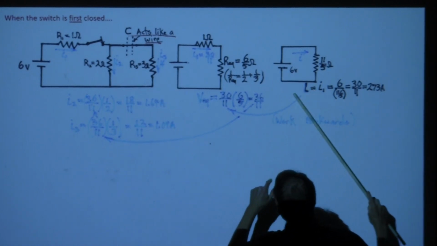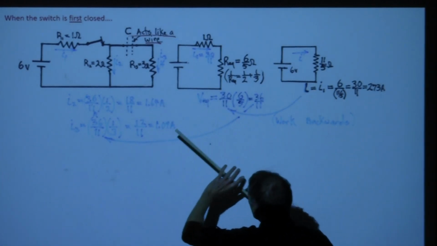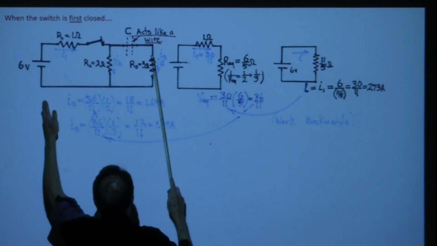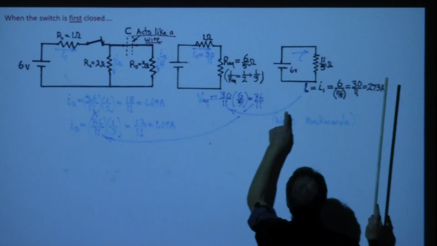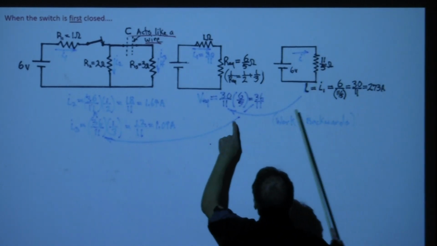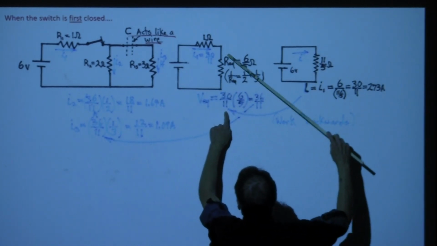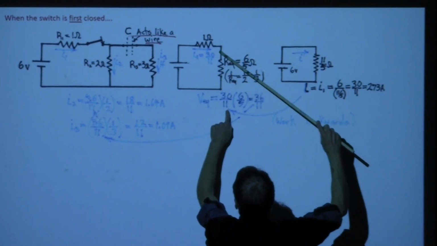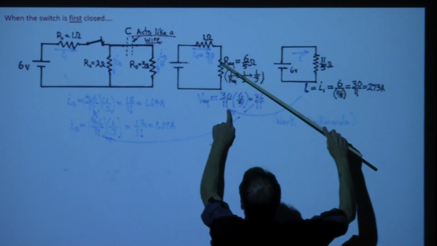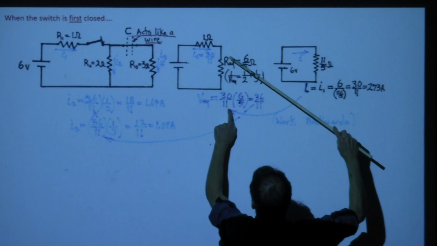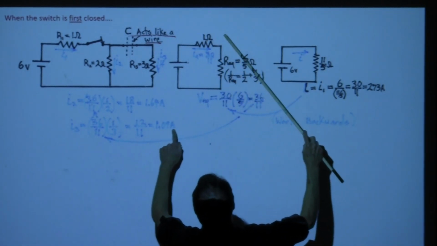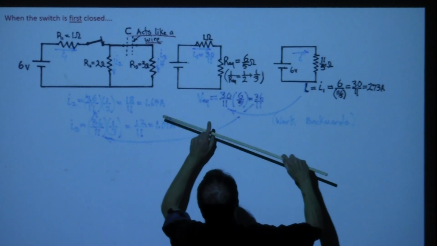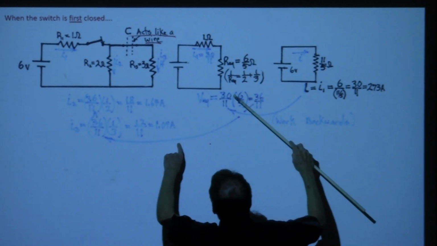Now I'll need to go back a step, and this is where you want to do equivalent circuits. You want to go from here to here to here. So I'm going to work backwards, and I get this current. From this current across this equivalent, I can get the voltage. I've got to look at my own work, and that's where I get confused.